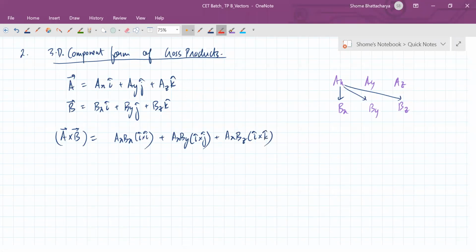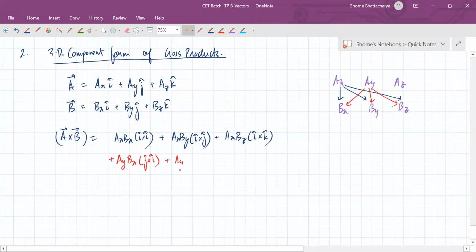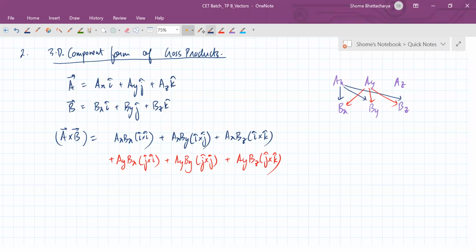Okay. Then we will have this one cross product with this and this. So that will give us another row of terms. Ay bx j cross i, plus ay by j cross j, plus ay bz j cross k. And then finally we'll have another row of terms, which is this one cross product with this and this.